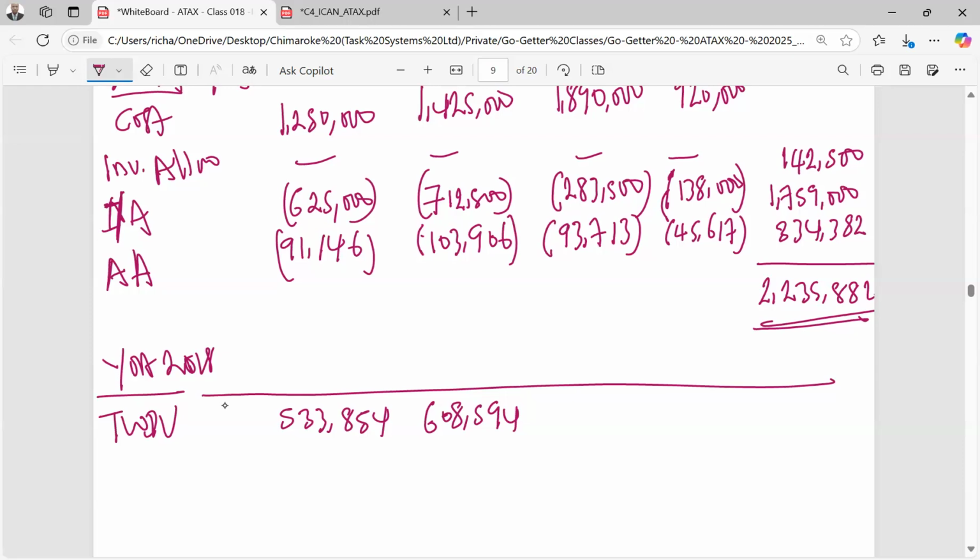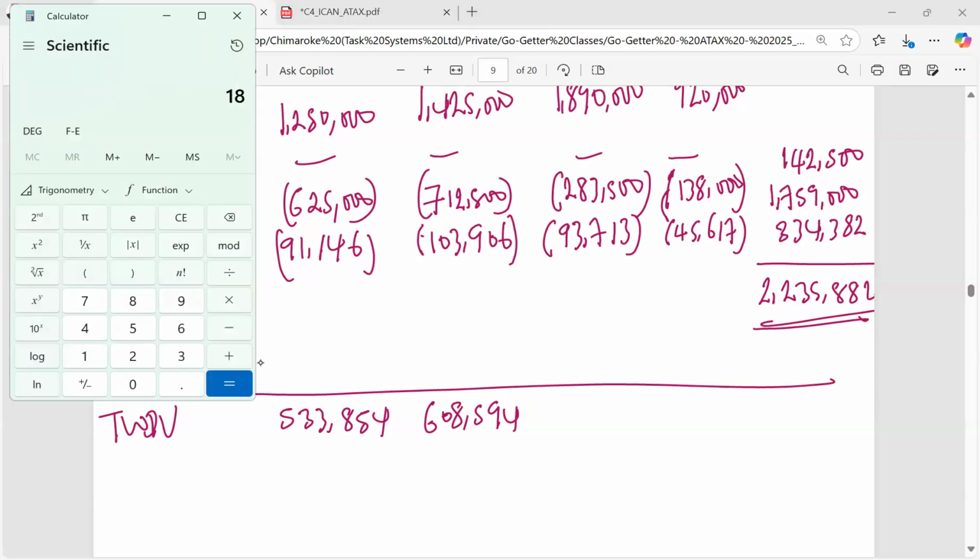The third one is going to give you 1,890,000 minus 283,500 minus 93,713. That gives us 1,512,787.